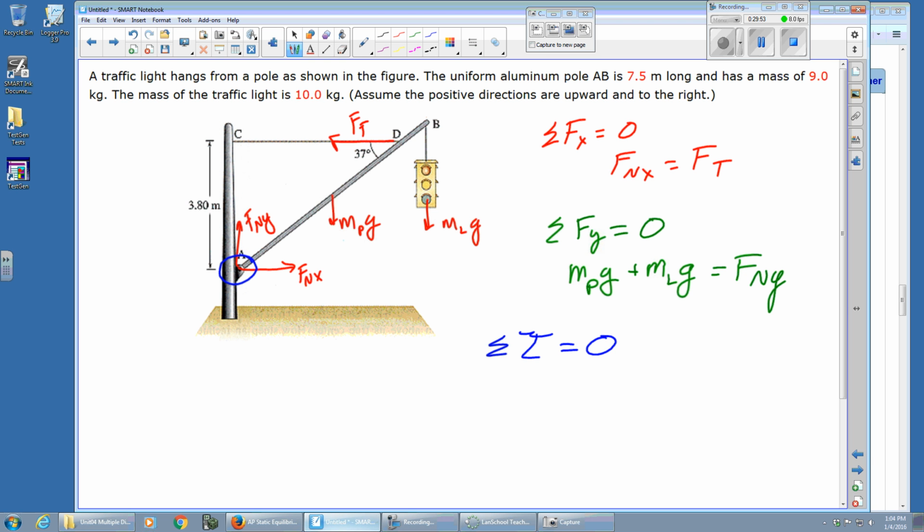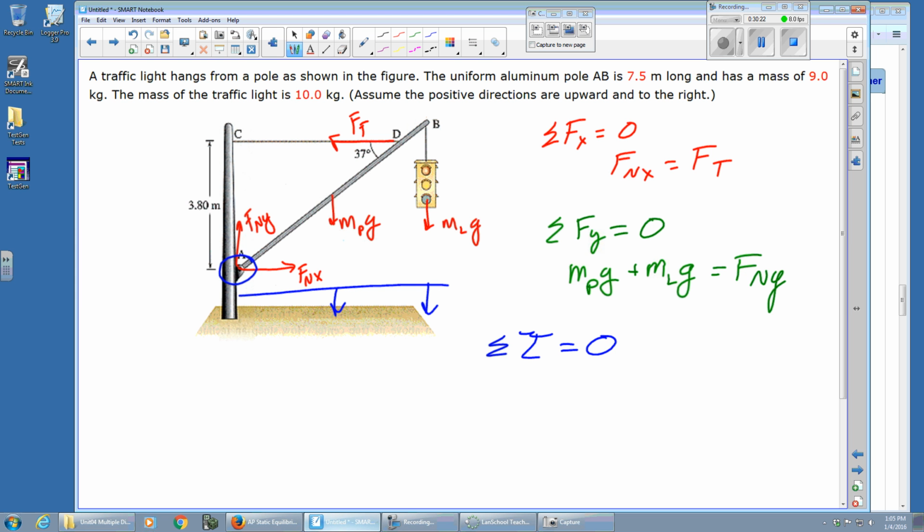Now I look at it and say, okay, Ft is going to produce a counterclockwise torque. Remember the old pencil trick if you're not sure. And the two weights are producing clockwise torques. The only thing I have to worry about is how far they're acting.